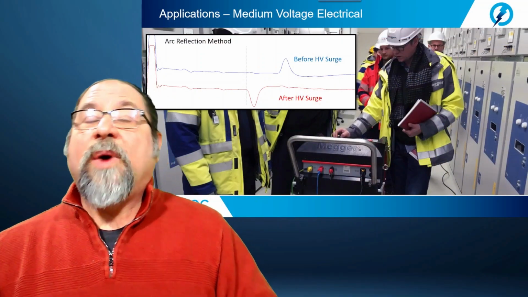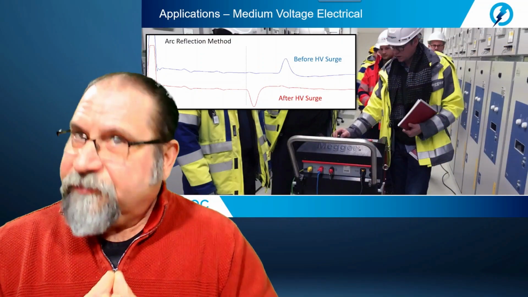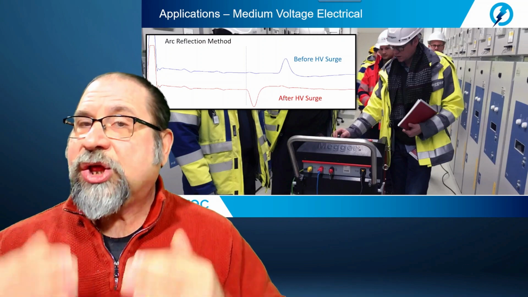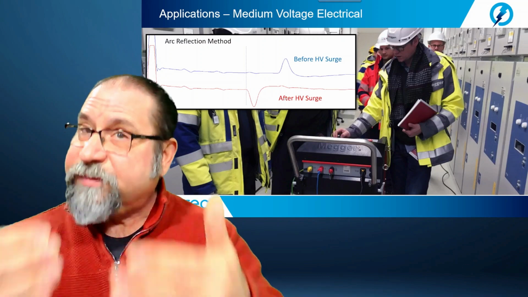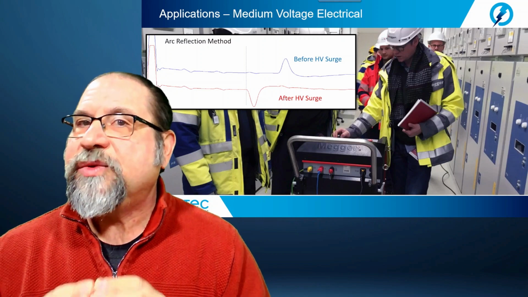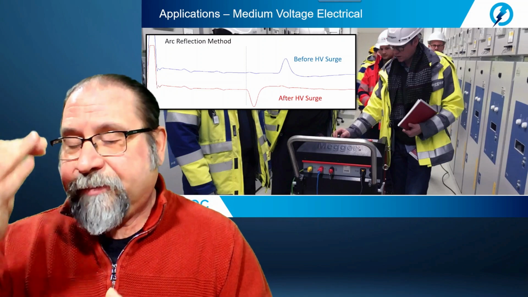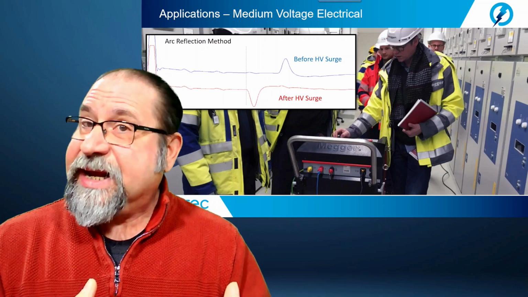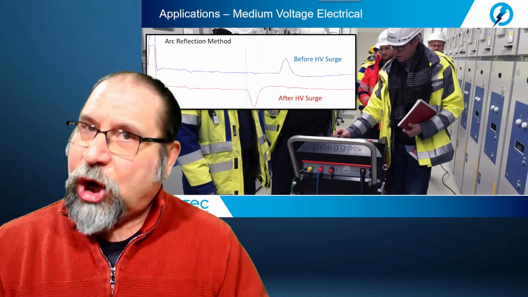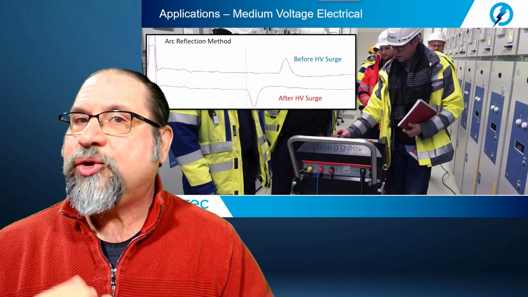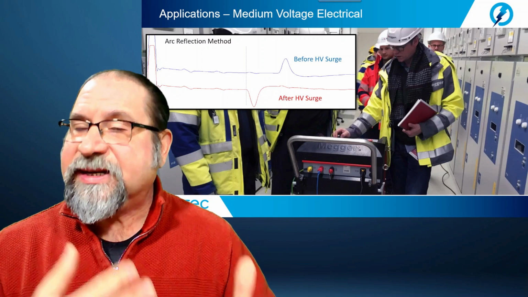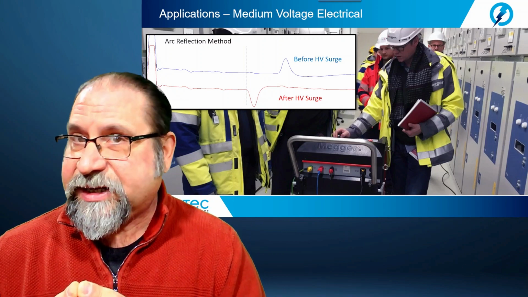Now, one of the features of a time domain reflectometer is that it is a low voltage pulse being transmitted into the cable. A certain amount of impedance change has to occur in order to create a reflected pulse that we can observe and see on the TDR trace.